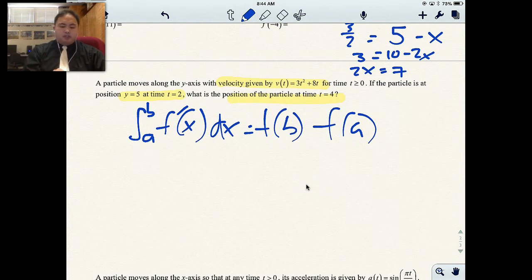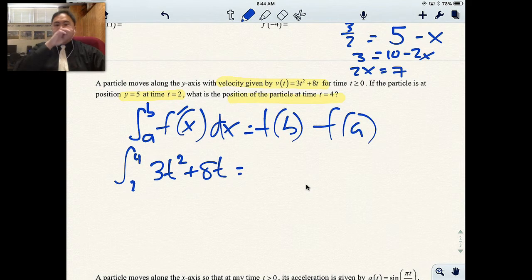So this becomes 2 and 4. My derivative in this particular case is the velocity, right? I was given velocity, I'm trying to find position. So f prime is 3t squared plus 8t. F of b, which is f of 4, we don't know. I'm going to call that x. And f of 2, they gave me, equals 5. So that's why this one is 5.